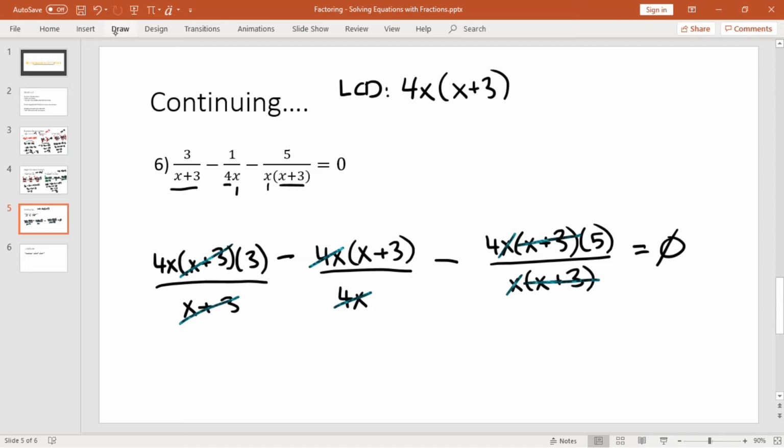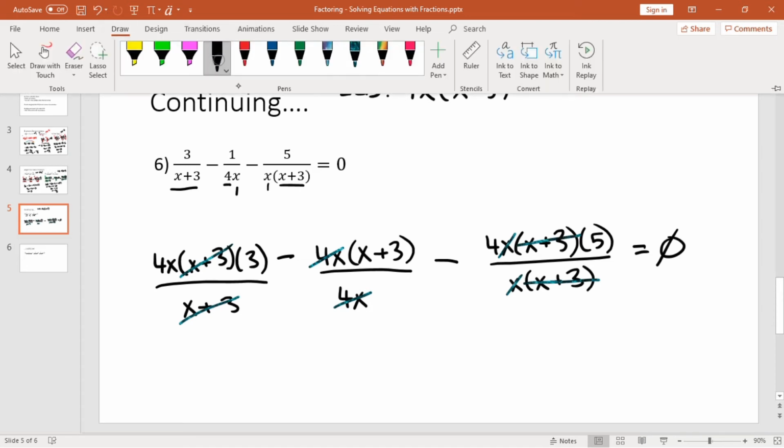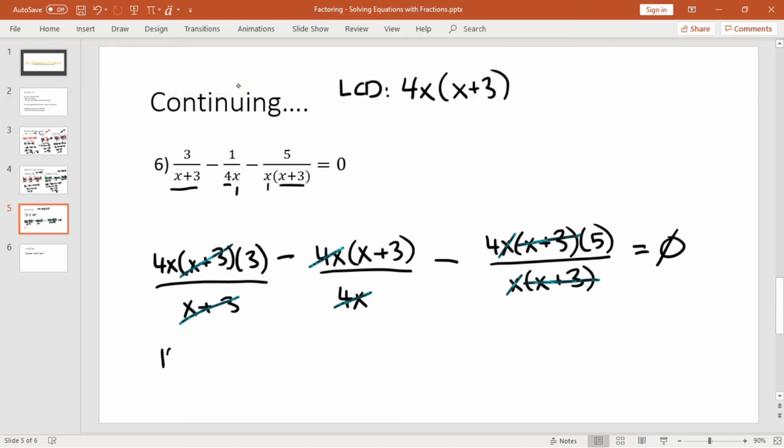Okay. See what's left. We have 12x, 4x times 3 is 12x. And then we have this subtraction, so we're going to have to distribute it to both things. So it's going to be subtract x, subtract 3. And then we have another subtraction, and 4 times 5 is 20.